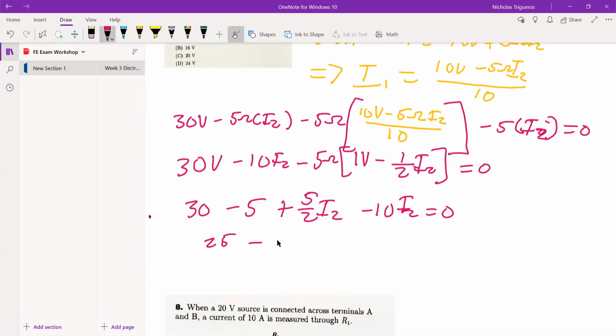That's 25 minus, it's going to be 20 over 2 plus 5, so minus 15 over 2 I2.